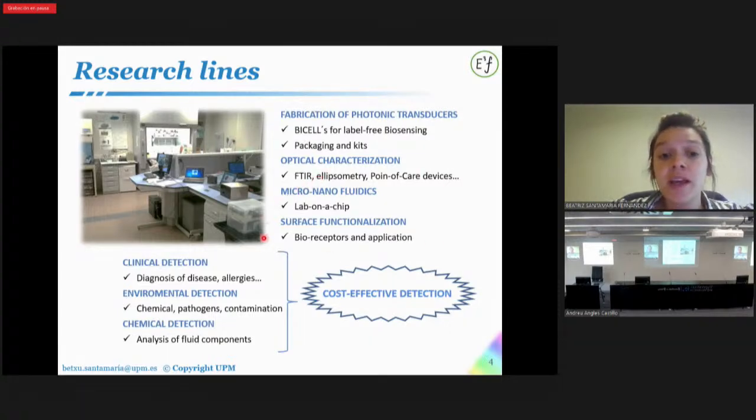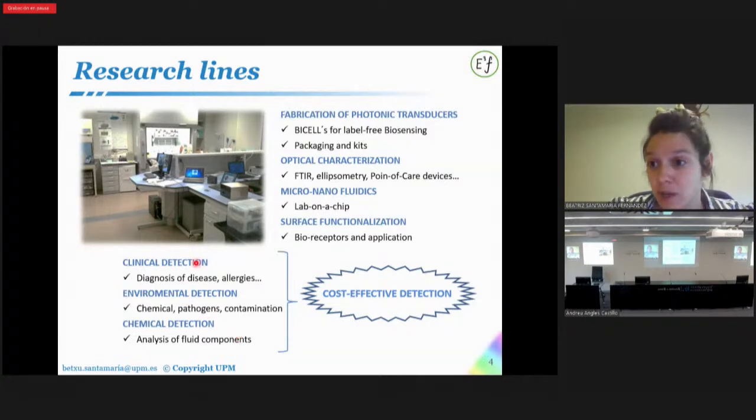Lastly, we care about the surface biofunctionalization of the optical transducers that we have fabricated, and we perform this biofunctionalization to develop several bio applications for clinical detection, environmental detection, and chemical detection.